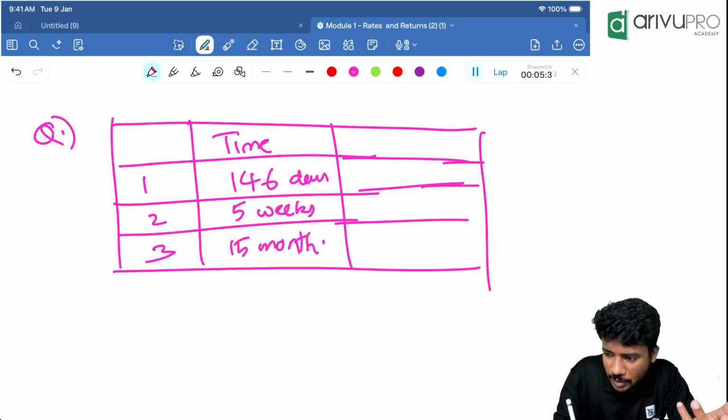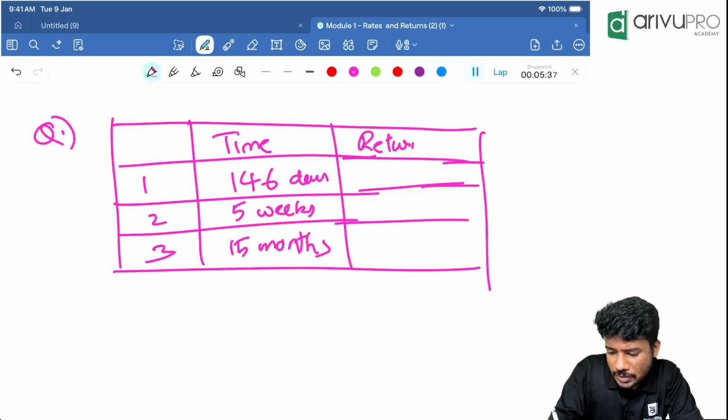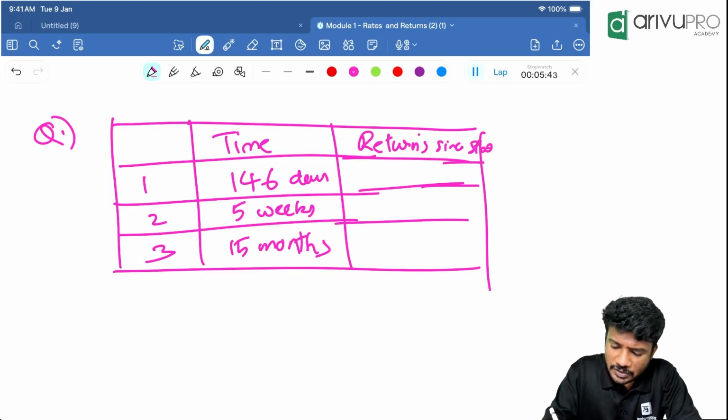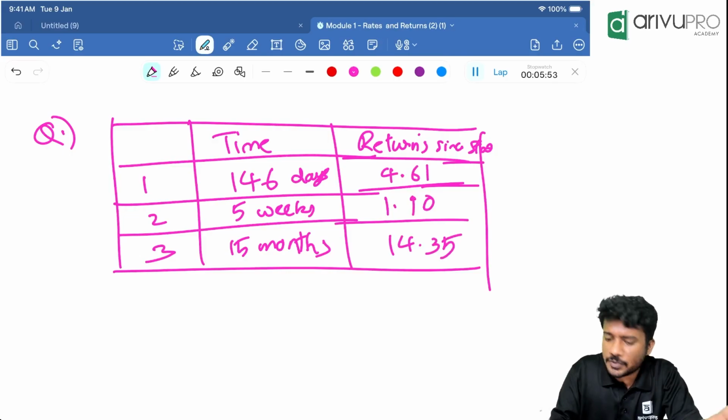Returns since start, for 146 days I'll keep it as 4.61 percent, then 1.10 percent, then 14.35 percent.